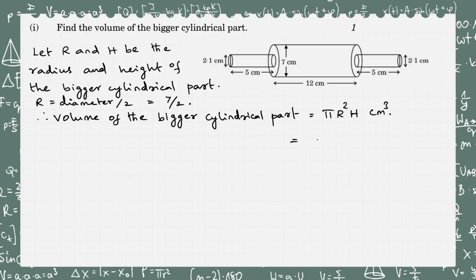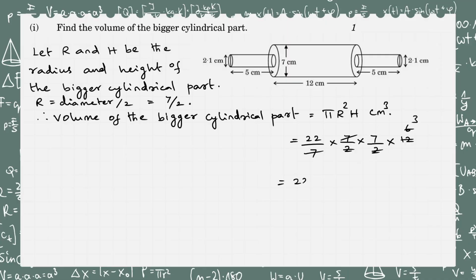Okay. So, let us do the calculation now. Pi is 22 by 7 and R square means 7 by 2 twice. So, 7 by 2 multiplied by 7 by 2 and height is 12. Okay, so we need to simplify this. Let us cancel the 7s, and 2 sixes are 12 and 2 threes are 6.